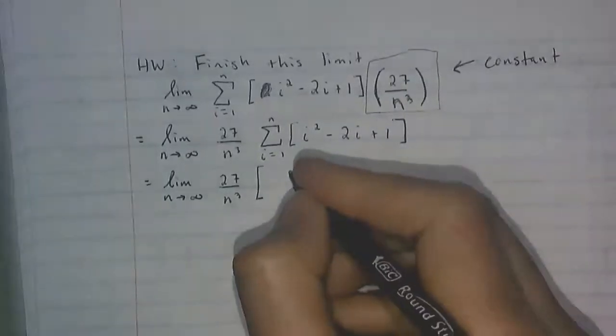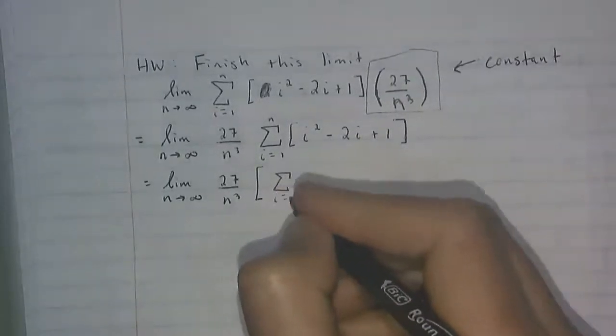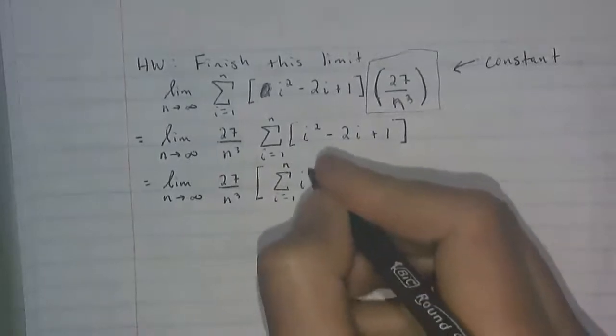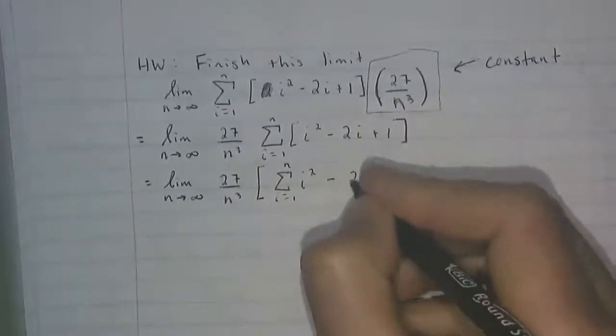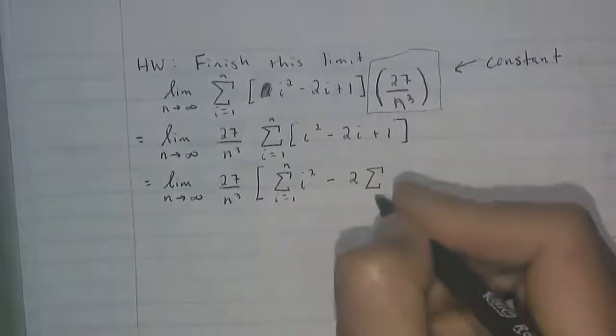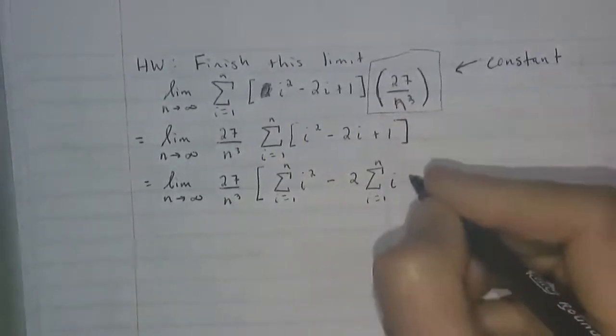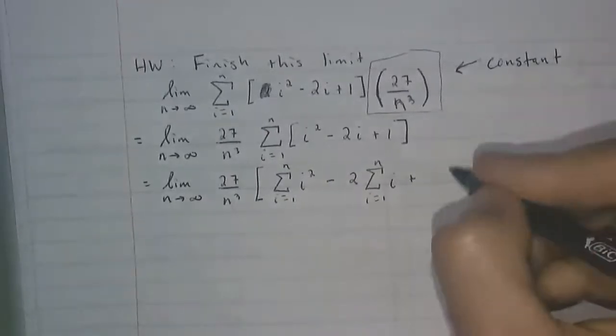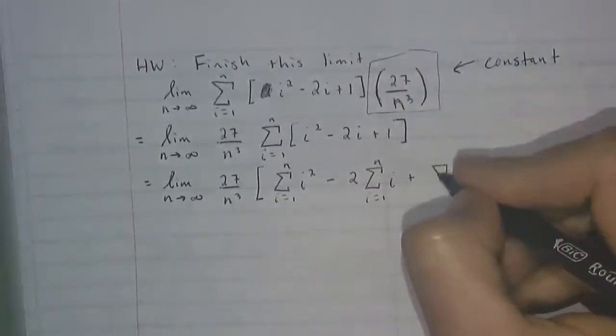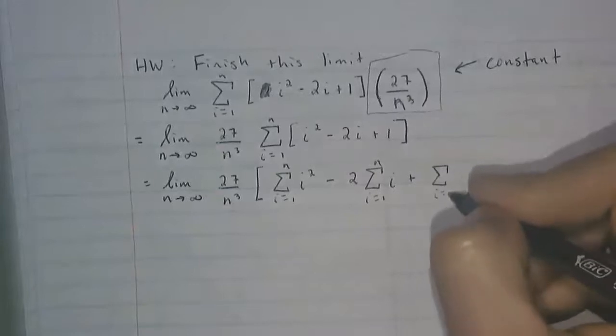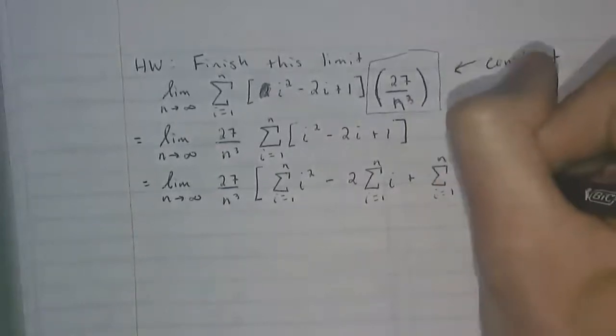This will be the sum from 1 to n of i squared minus 2 times the sum from 1 to n of i plus the sum from 1 to n of 1.